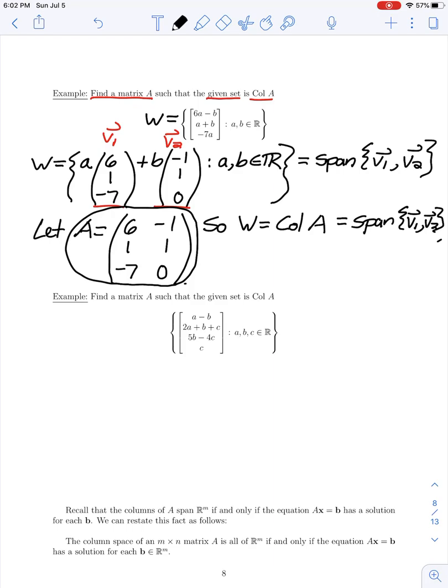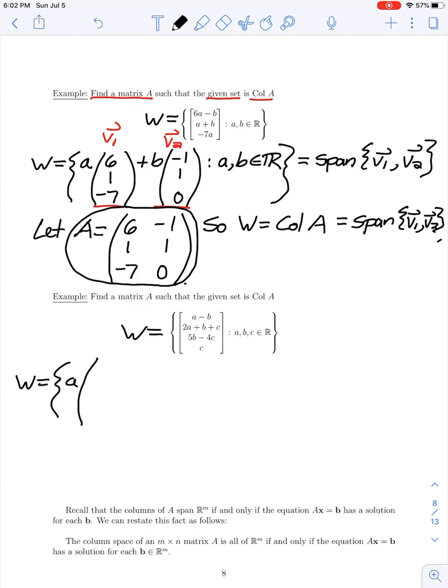Now in our next example, we've got the exact same sort of problem. We're asked to find a matrix A such that the given set, again, I'll call it W, is the column space of that matrix. So again, we see that we could write the vectors in W as a linear combination of vectors whose weights are a, b, and c.